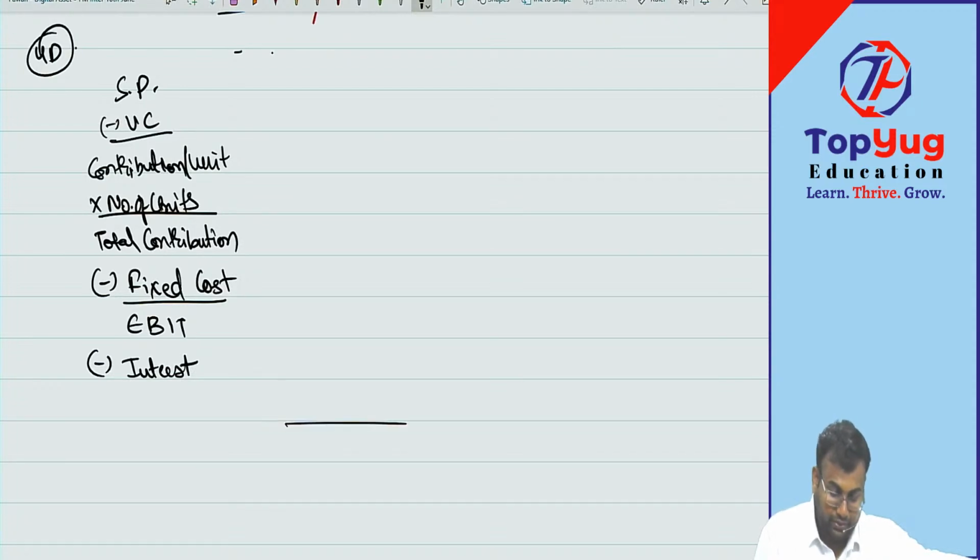Leave one row blank so that you can do a calculation. You will get EBT. Is there any tax information? No.